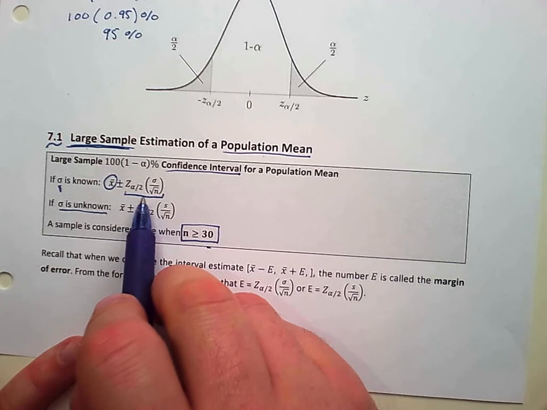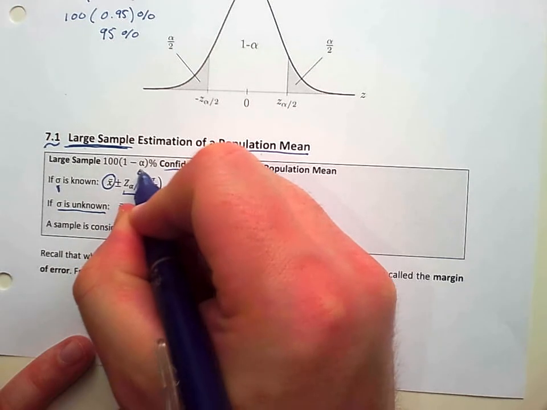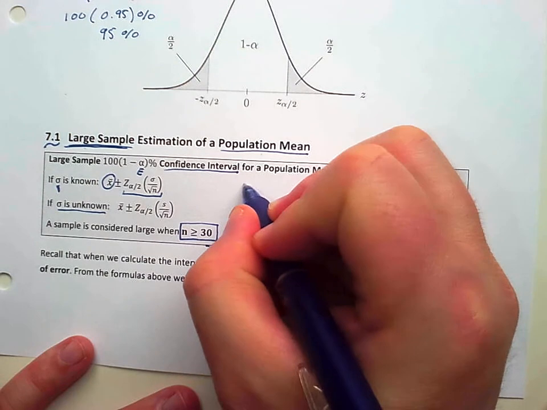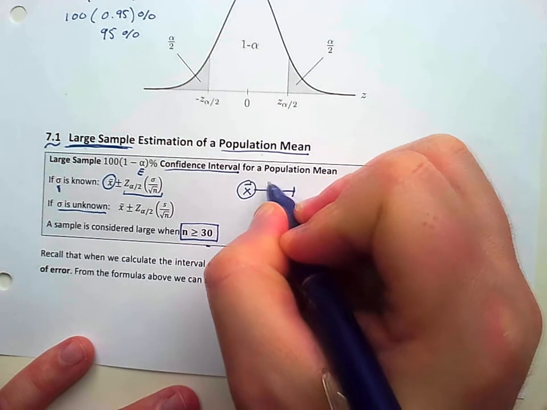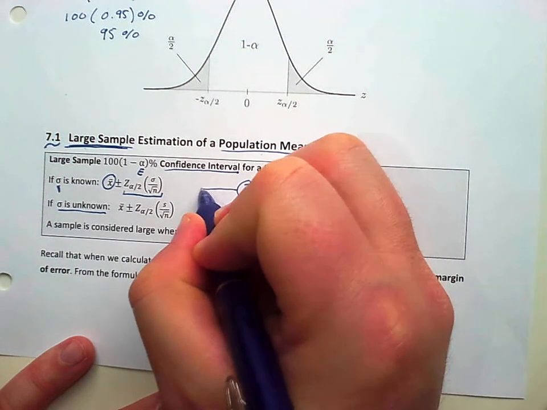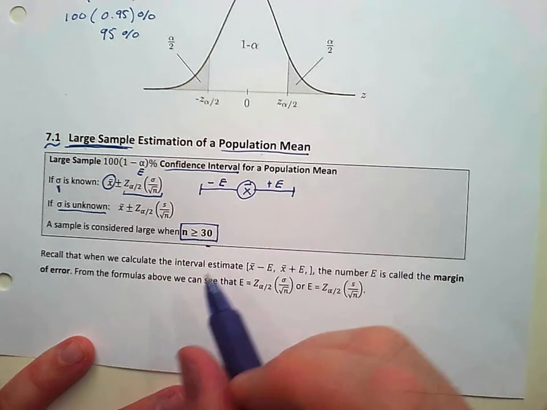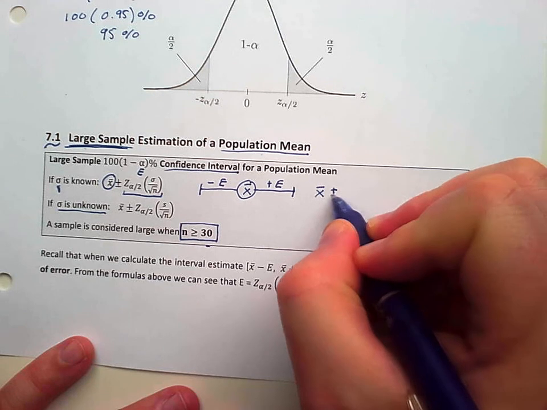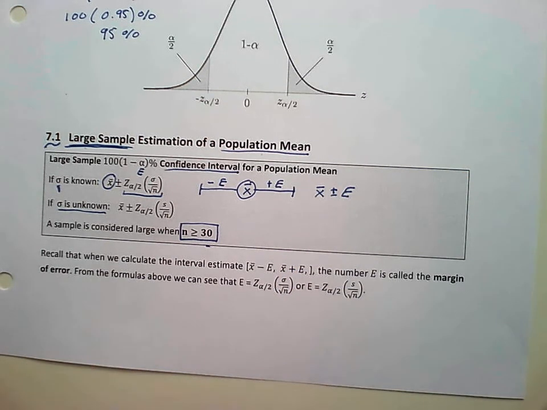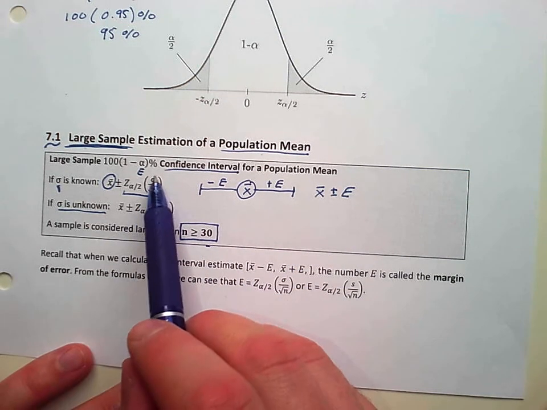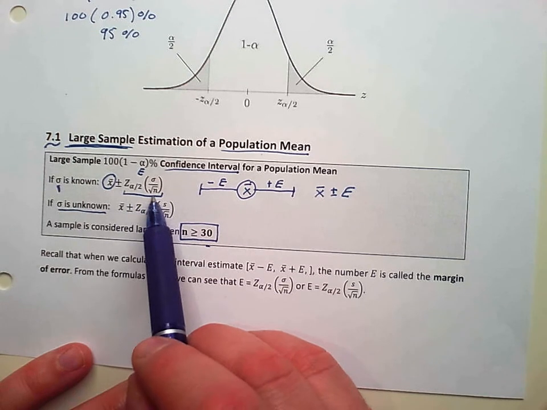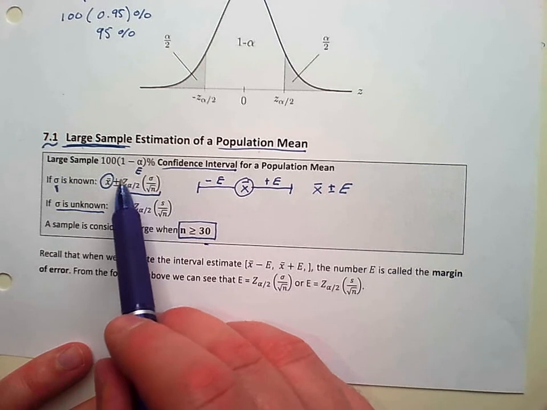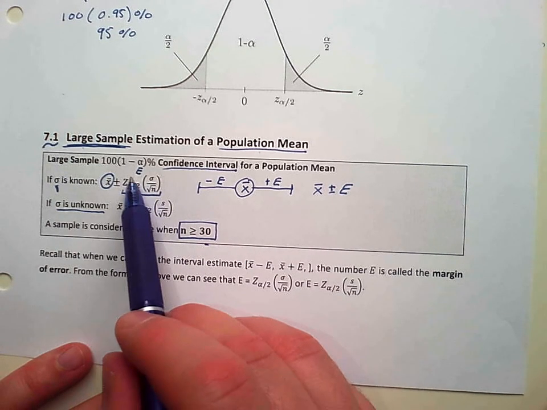This portion is just our margin of error E. Since we're adding E to it and subtracting E from it, you can think of this formula as nothing more than x bar plus or minus E. So a more specific description of the formula for E, our margin of error, is this right here.